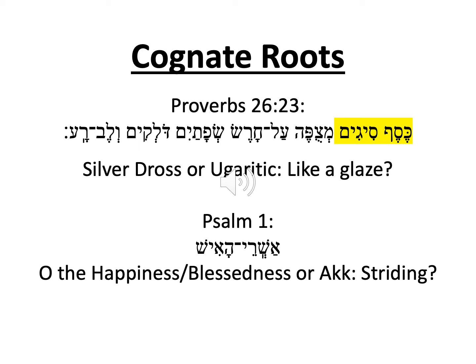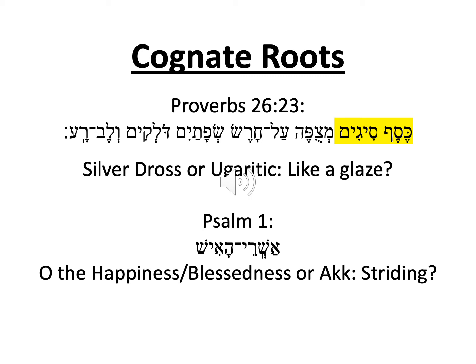So these are like glazed, which makes a whole lot more sense than silver dross, because he's talking about something fake that's going on top of a particular piece of earthenware, just as lies and such can be fake. And so this particular use of the cognate is very helpful in understanding what exactly the writer is saying.